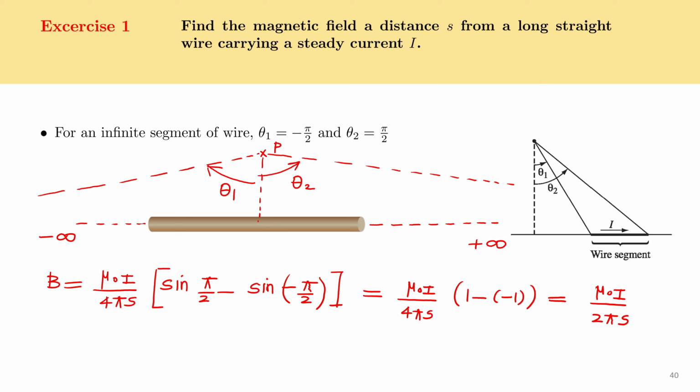So this is the equation for a magnetic field that is produced by a wire having infinite length. That is B equal to mu 0 I over 2 pi s.